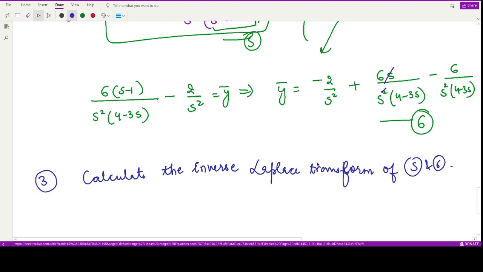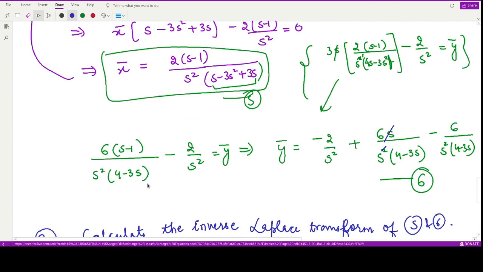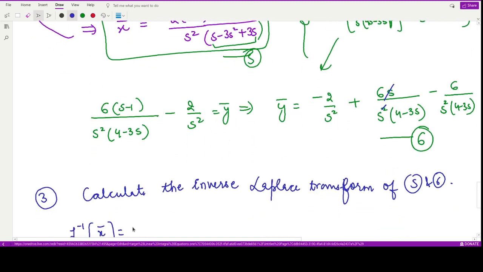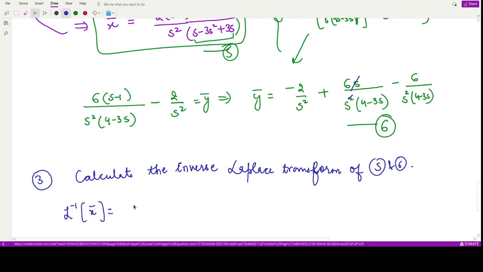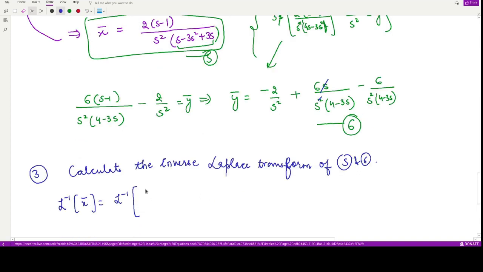So when you take the inverse Laplace transform of x bar, that means you will have Laplace inverse of x bar, that is equal to Laplace inverse of the term (2s minus 1) divided by s²(4s minus 3s²).